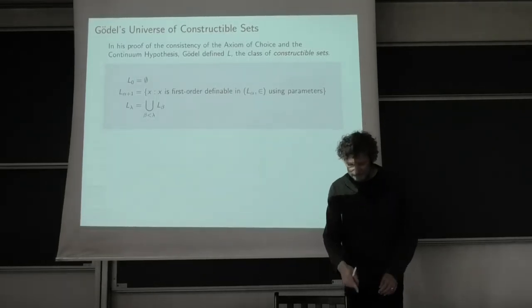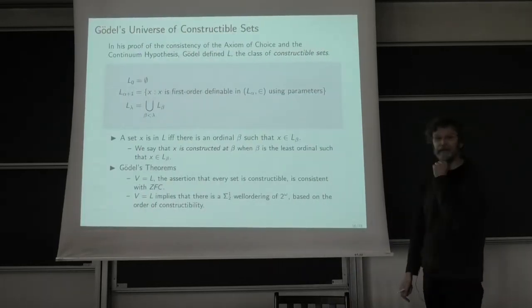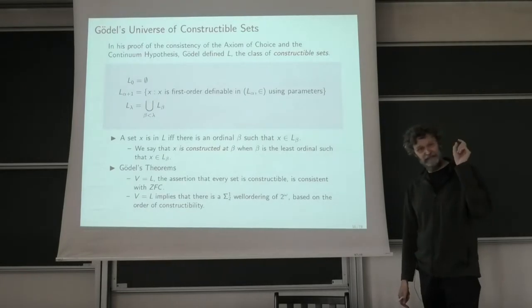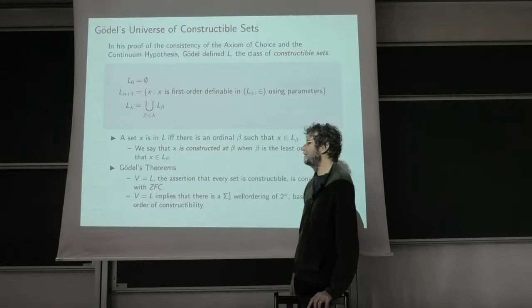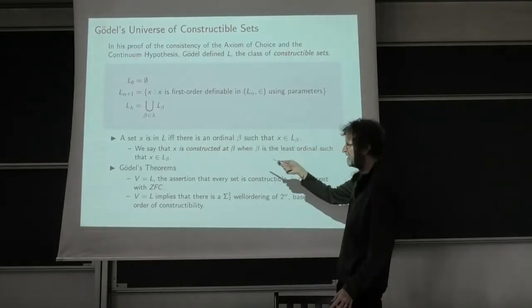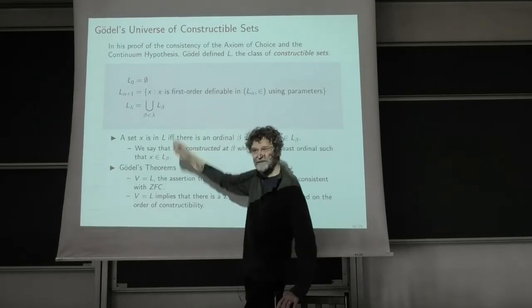Now, let's make a couple of observations about it. The class of constructible sets is called L. A set is in L if it is in the class of all sets you build up this way.